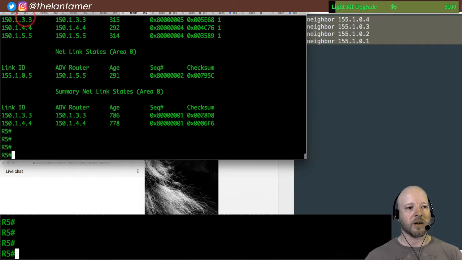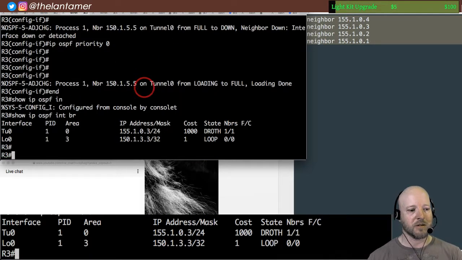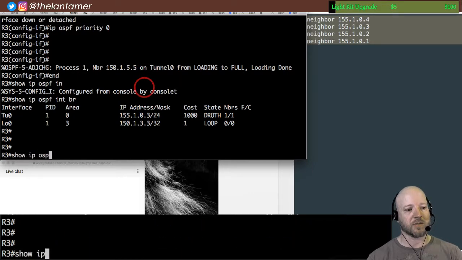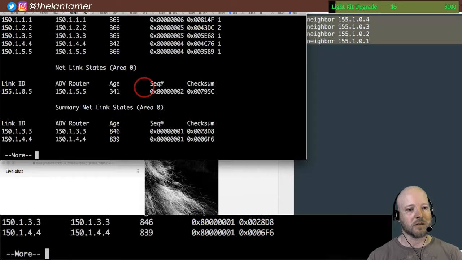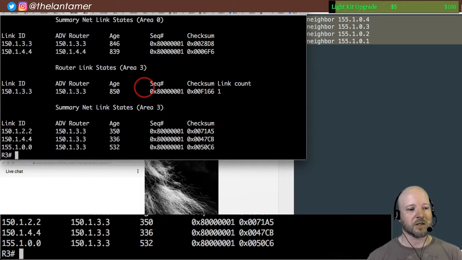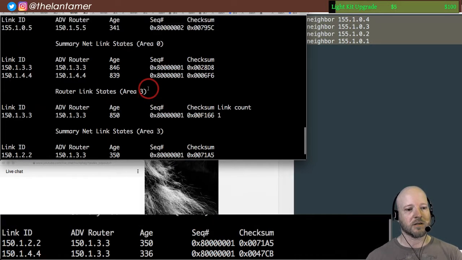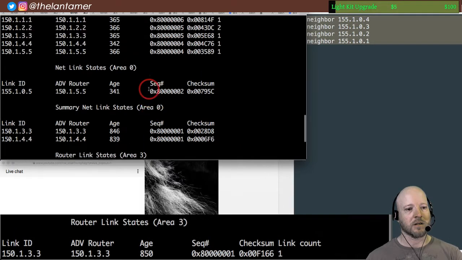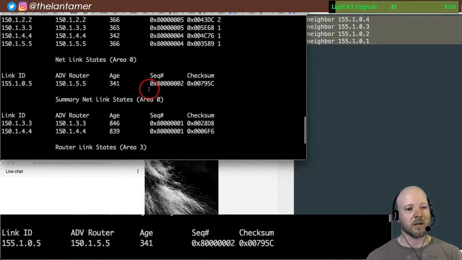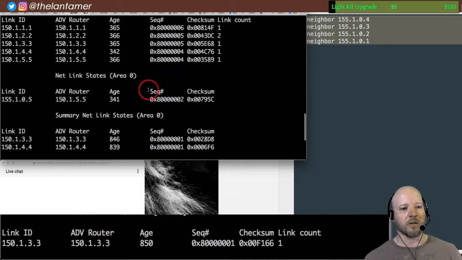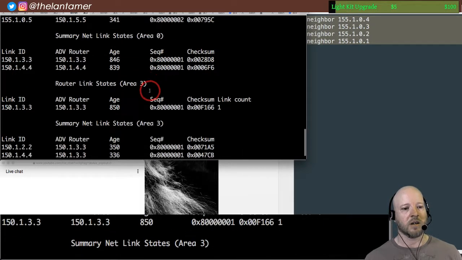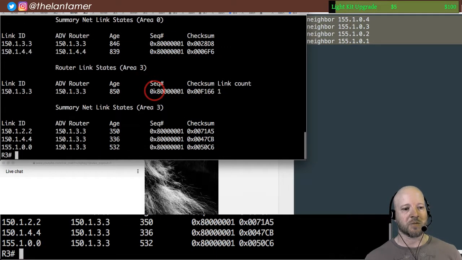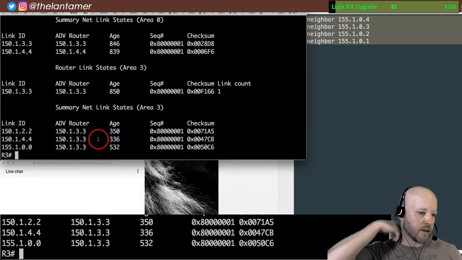But if we look over here at router 3, for example, show IP OSPF database, we have these other areas. From the perspective of area 0, it looks the same. From the perspective of area 3, these are also outside of our area, right?